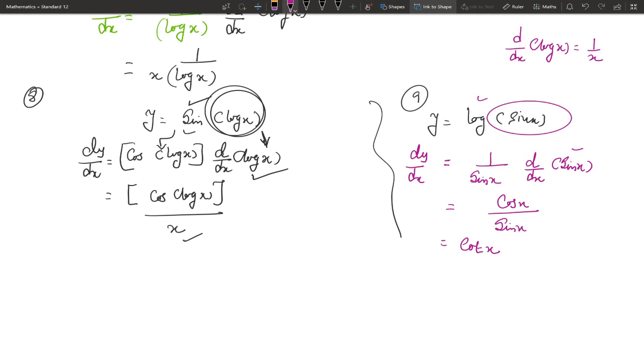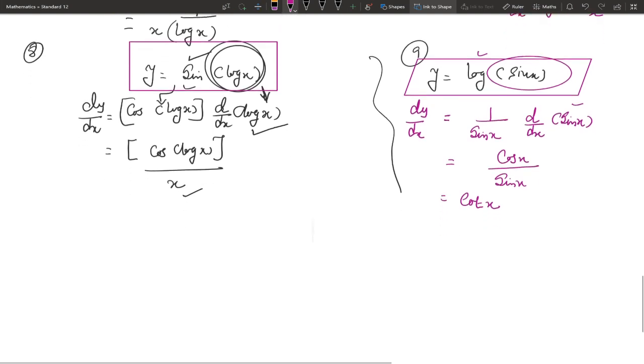So you can note the difference between the derivative of y equal to sine of log x and y equal to log of sin x.